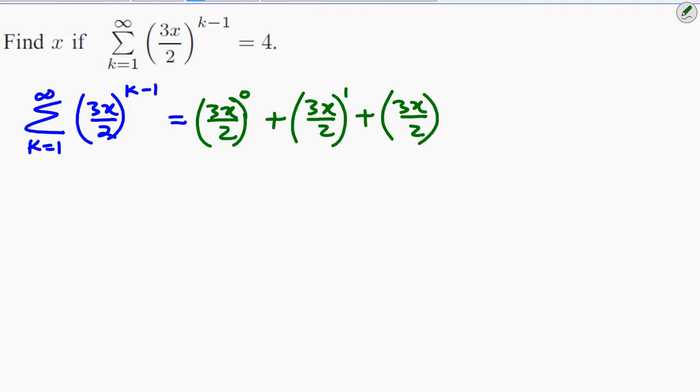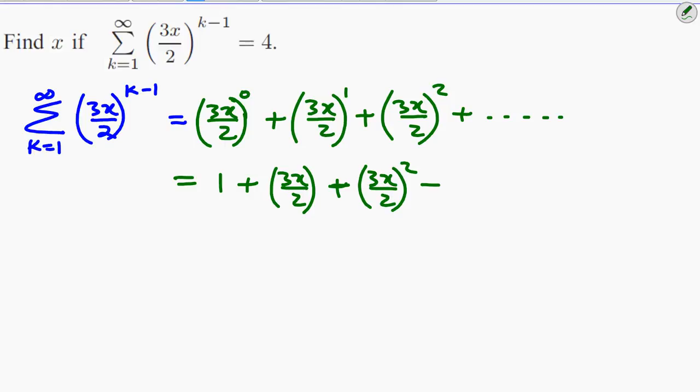When k is equals to 3, 3 minus 1 will be 2, and this goes all the way to infinity. I can simplify this, so anything to power 0 is 1, so 1 plus 3x over 2 plus 3x over 2 squared all the way to infinity.